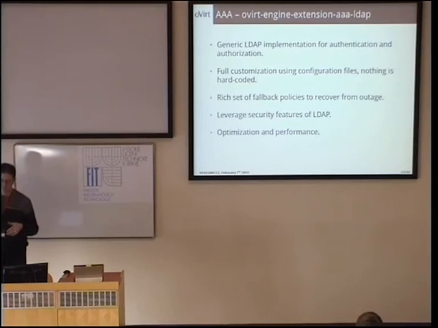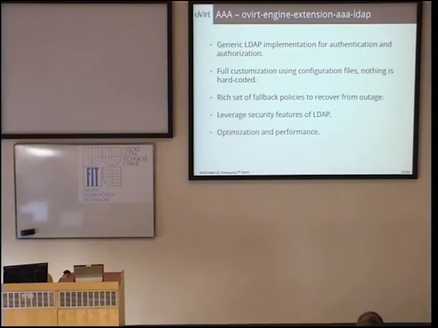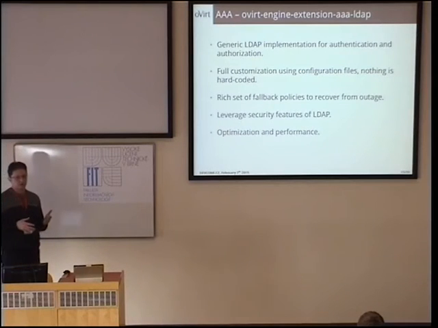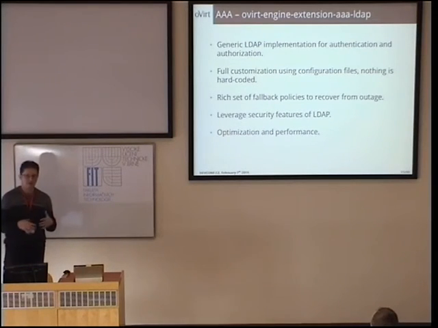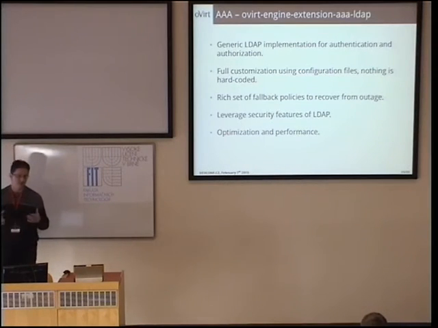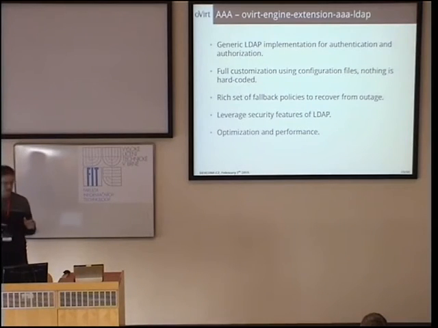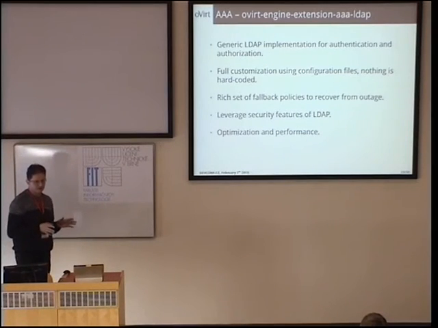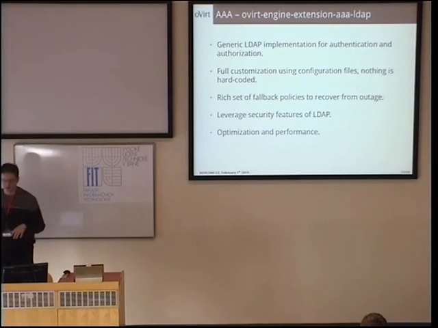It's designed in a way that everything can be customized using just property files or text files. So if you have some special LDAP configuration or special mapping of users and groups and so on, everything can be customized by you just by editing text files. I will show them later.